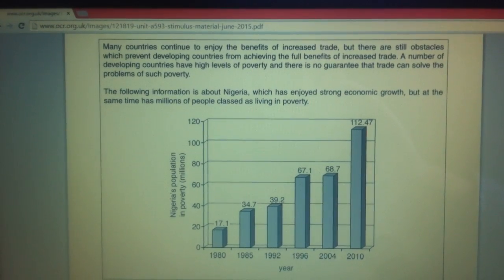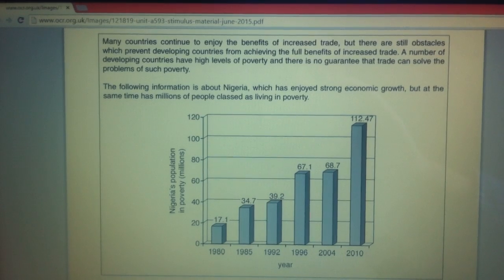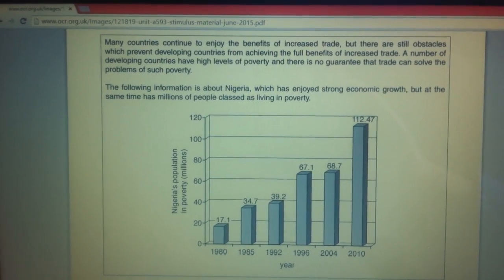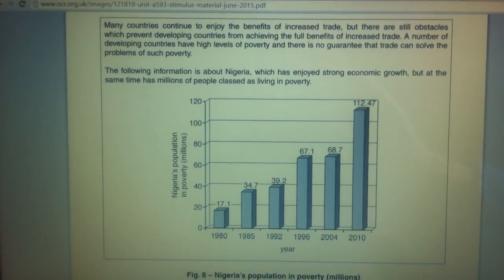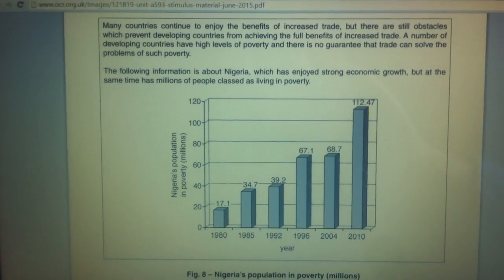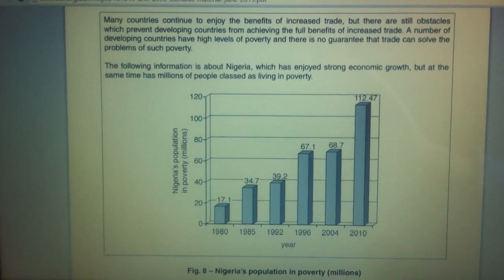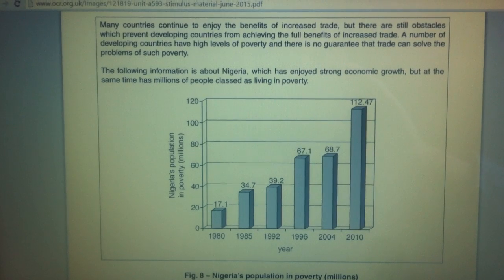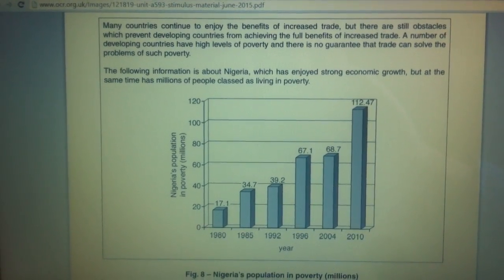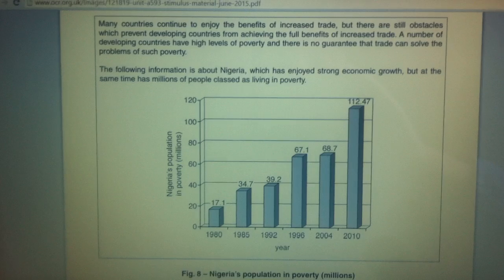Free trade, of course, is said to increase a nation's standard of living. So removing tariffs, removing quotas, etc., for most countries is always expected to increase the standard of living in an economy.